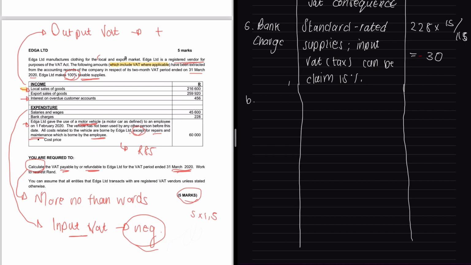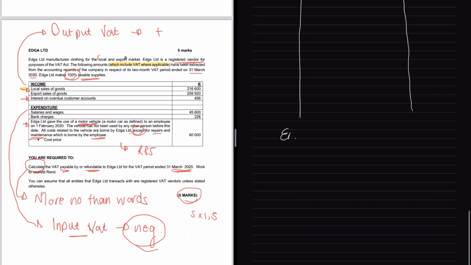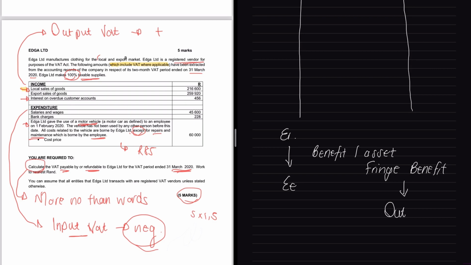An employer gives an employee a benefit/asset. This triggers fringe benefits. Fringe benefits is an output supply. Output VAT supply. Either way, it's output. Output tax. Output VAT.